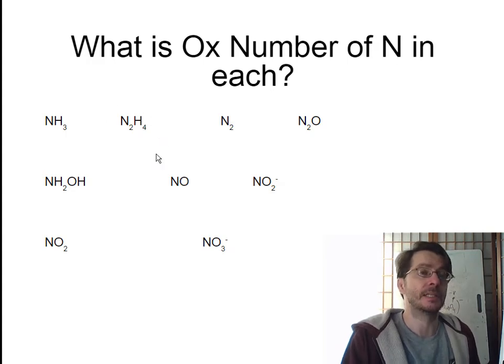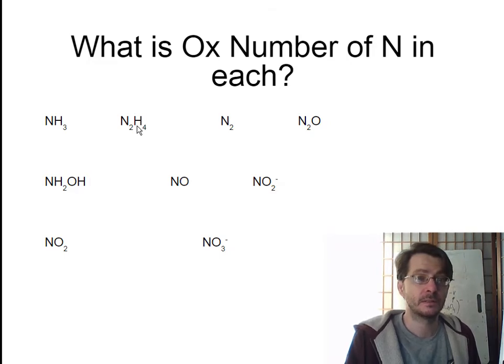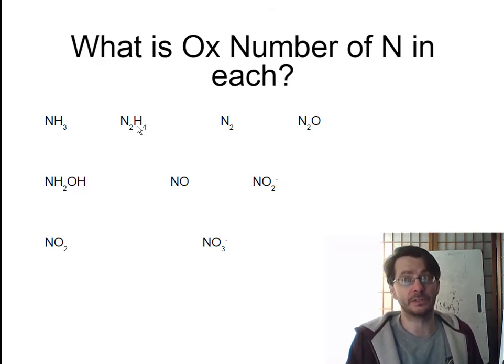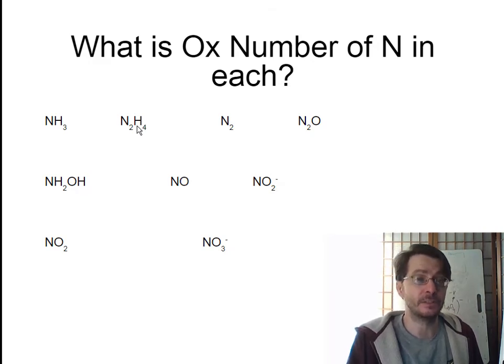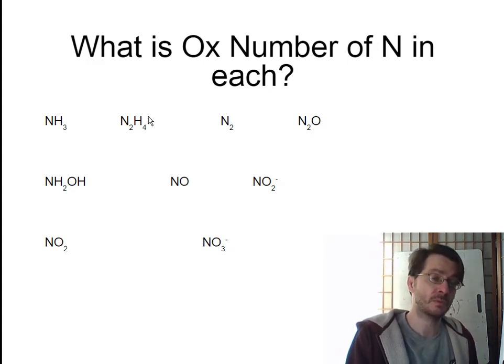Let's try this N2H4. Going once. Going twice. Third time's a charm. Each of those nitrogens would have a -2 oxidation number. The hydrogens are +1, +1, +1, +1, so this is +4.